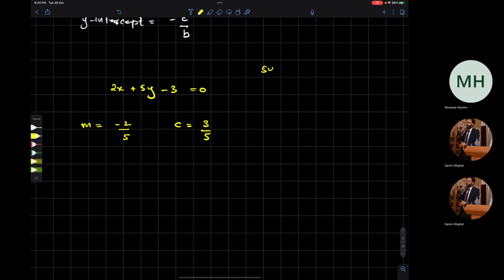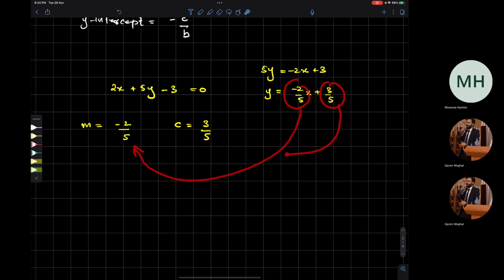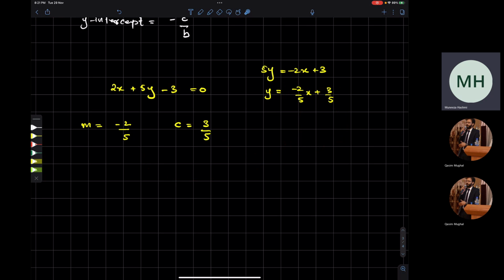So that's going to be 5y equals negative 2x plus 3, and y would be equal to negative 2 by 5 x plus 3 by 5. You can clearly see that the value of m is minus 2 by 5, and the value of the y-intercept is 3 by 5. Got it? Yes, sir.